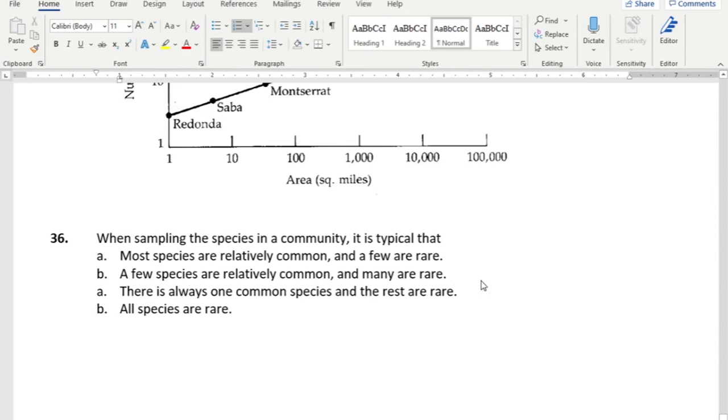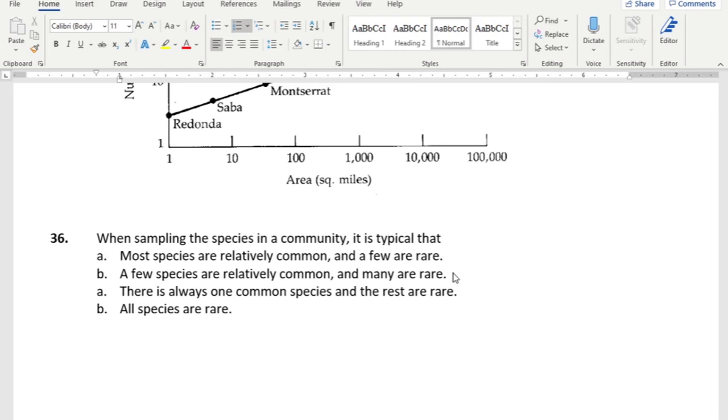36. When sampling the species in a community, it is typical that A, most species are relatively common and a few are rare. B, a few species are relatively common and many are rare. C, there is always one common species and the rest are rare, or all species are rare. No, a few species are going to be relatively common and many are rare. Think about the birds that are coming to your feeder.